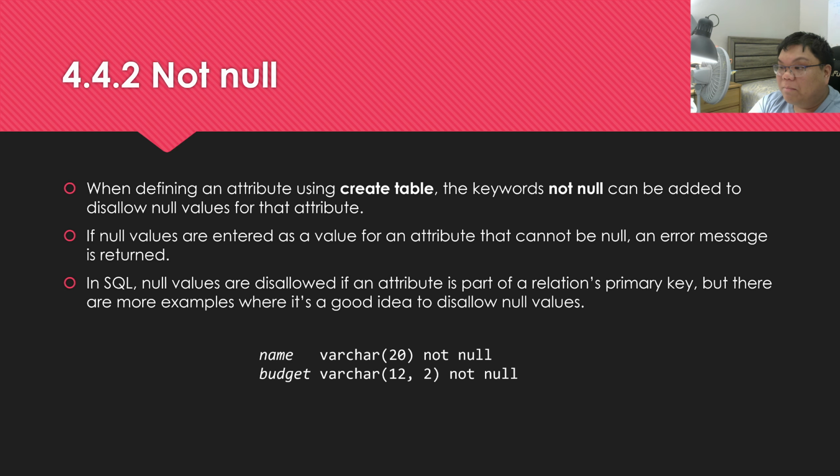Not null is pretty simple. Basically, it disallows null values for that attribute. If you tried to enter a null value for that attribute, you get an error message. In SQL, null values are disallowed if an attribute is part of a relation's primary key, but there are other cases where you want to disallow null values, not just the ones for primary key.